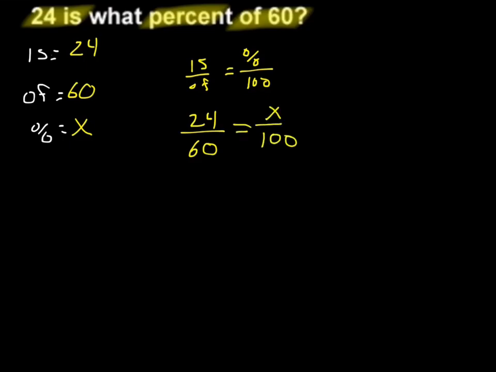And all you're going to do from here, which we should all know how to do, is cross multiply. So 2400 equals 60x, and now we divide by 60.